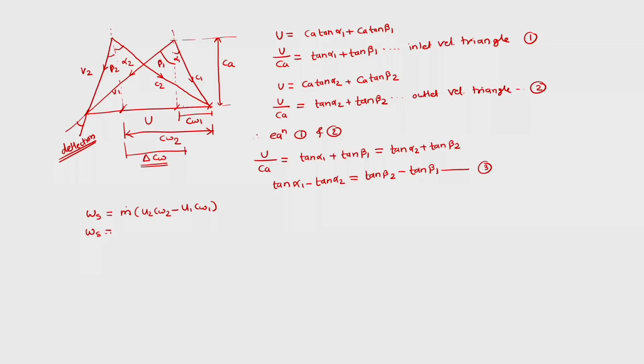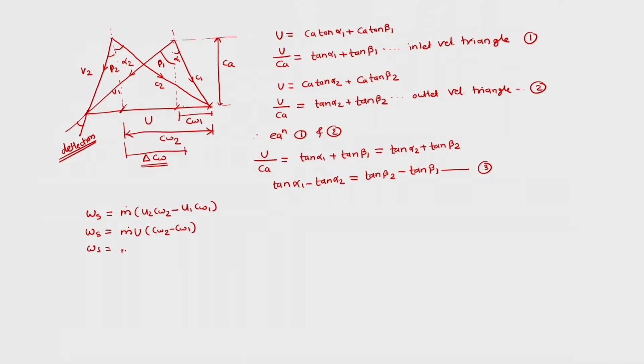So Ws is equal to m dot, but U2 is equal to U1, since we are working on the same mid plane height. So that is what our U is. So which is CW2 minus CW1. What is CW2? CW2 is this length, which is CA tan alpha 2.